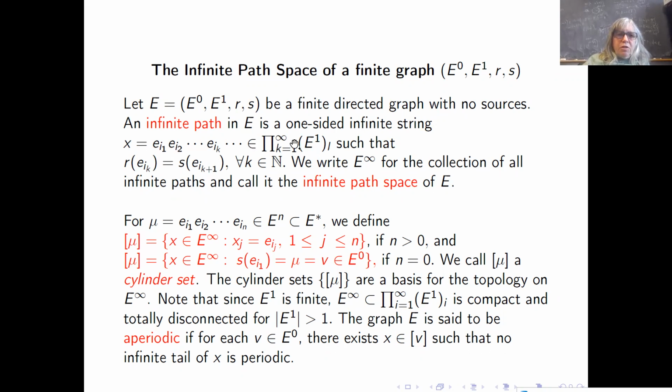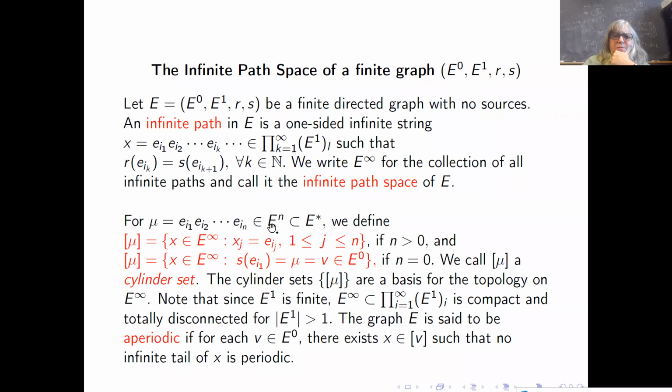So you have a one-sided string of edges, but you want the range of e_{i_k} equal to the source of e_{i_{k+1}} for every k. Then E infinity is the collection of all infinite paths, and that's called the infinite path space corresponding to your graph.